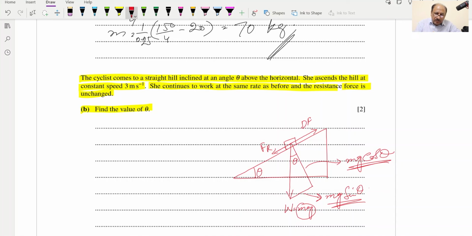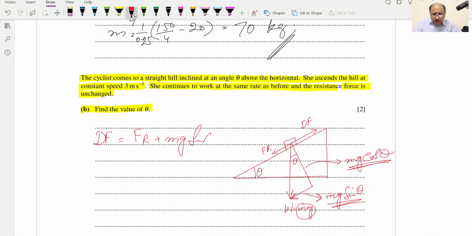Now we can see the driving force is in one direction, and this component and Fr are in the other direction. So we can write the driving force is equal to Fr plus mg sine theta.